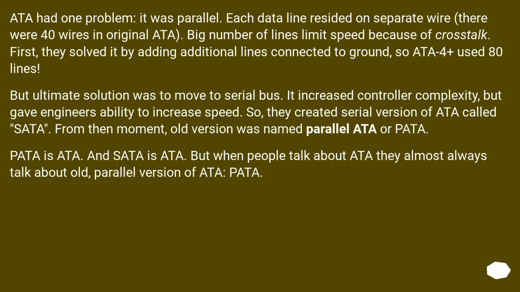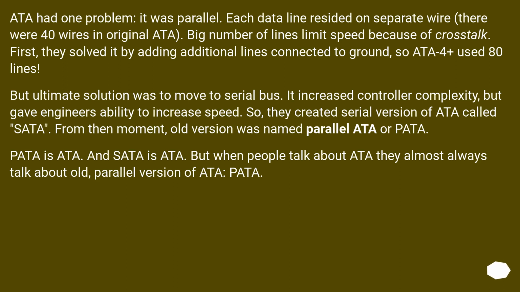IDE had one problem. It was parallel. Each data line resided on a separate wire. There were 40 wires in the original IDE. A big number of lines limits speed because of crosstalk. First, they solved it by adding additional lines connected to ground, so ATA-4 and later used 80 lines. But the ultimate solution was to move to a serial bus.